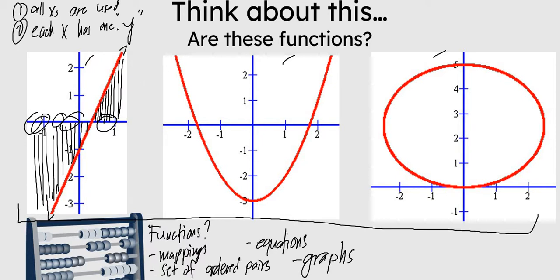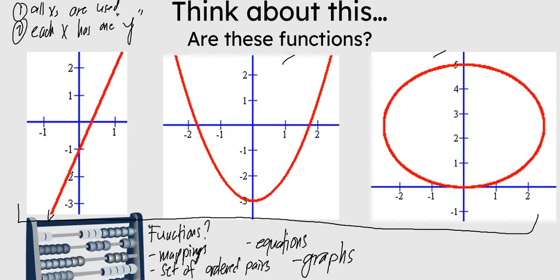Let's check if each x has one y. Now, if each x has one y, for example, this specific x value here has more than one y rather, then there should be another red or another part of the graph here somewhere. But since there's none, that means for this specific x, this is the only y that it has, that red part of the graph.